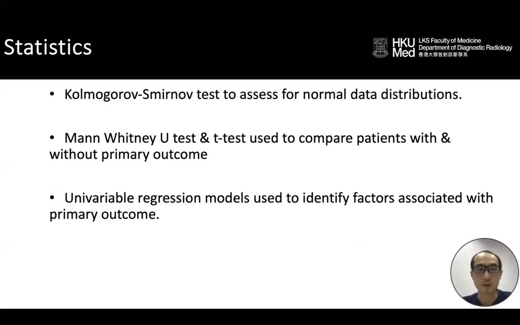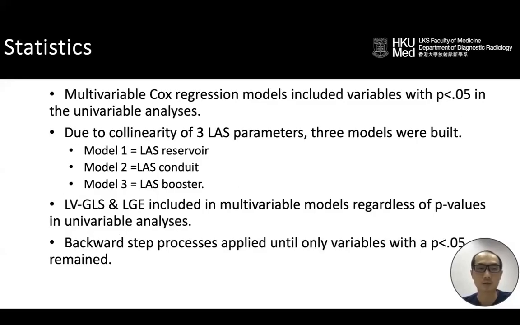We did the typical statistical analyses of checking whether our data was normally distributed for continuous variables and appropriately using Mann-Whitney U-test or t-test, depending on whether it's normally distributed or not, when we were comparing patients with and without primary outcomes. We then conducted a univariable Cox regression modeling to identify patient factors which were associated with primary outcomes.